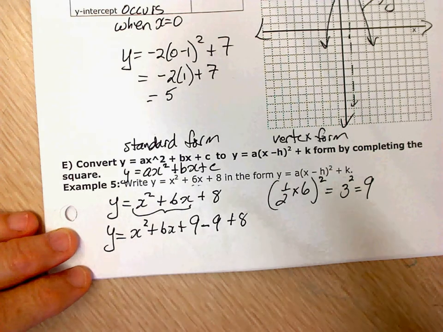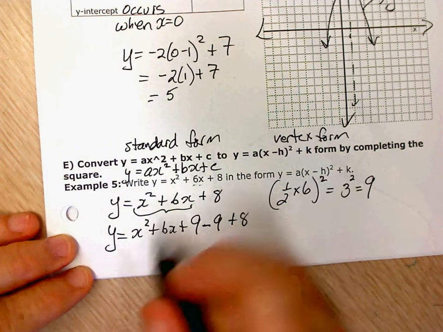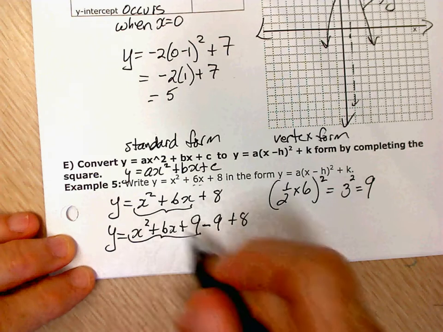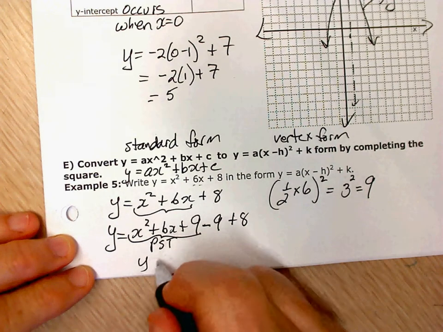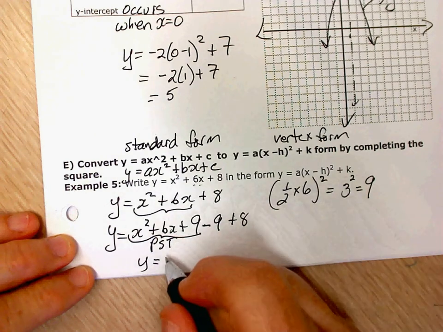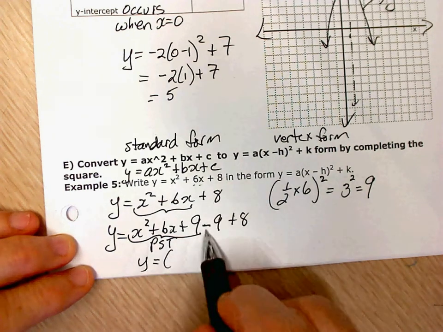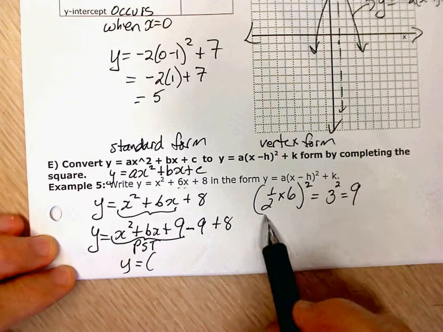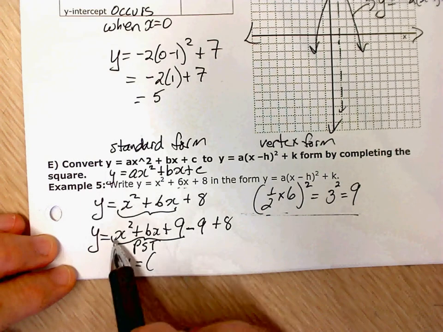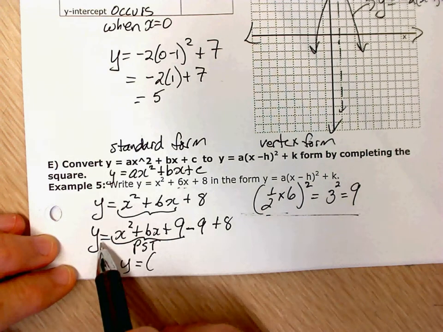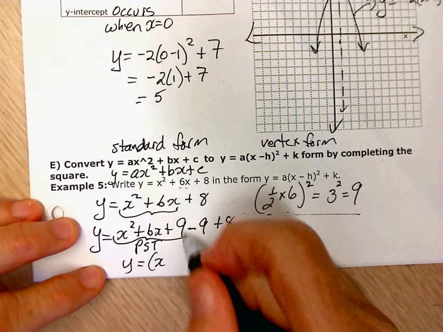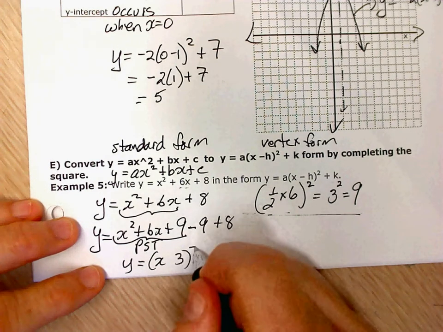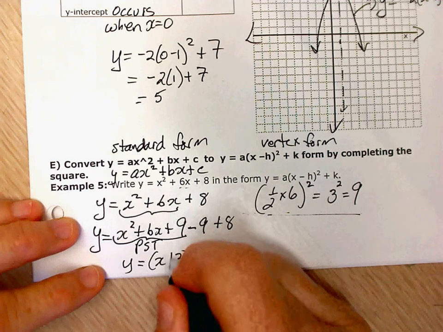So here we have our perfect square trinomial, so that is easy to factor. So y equals, because we did this step, we know this is a perfect square trinomial. So you take the square root of the first term, the square root of the last term, and since that's a plus, that's a plus. Minus 1.